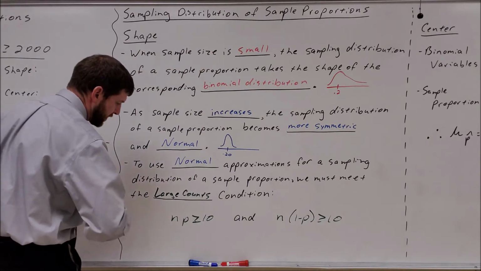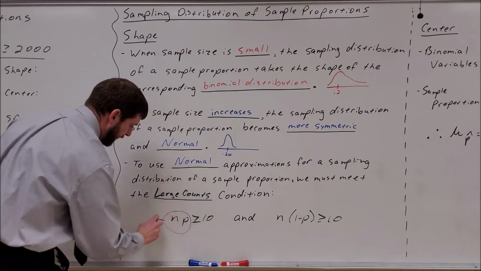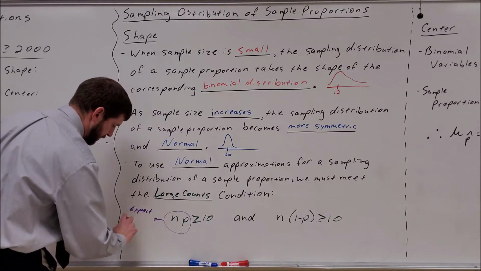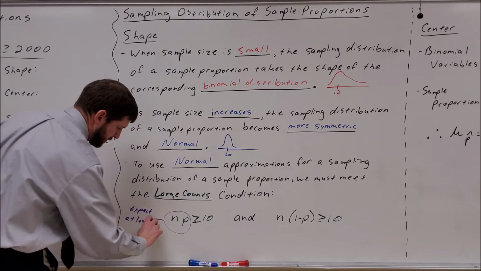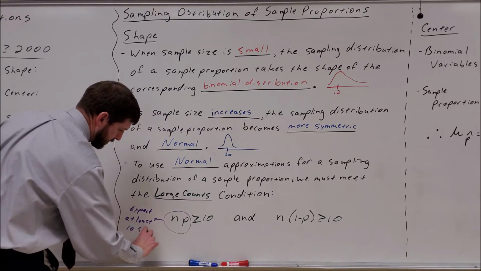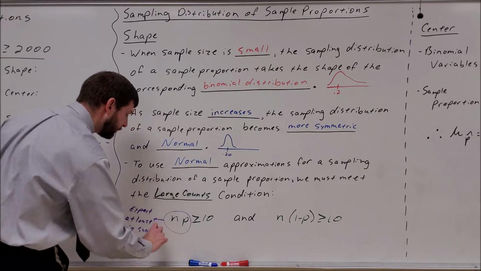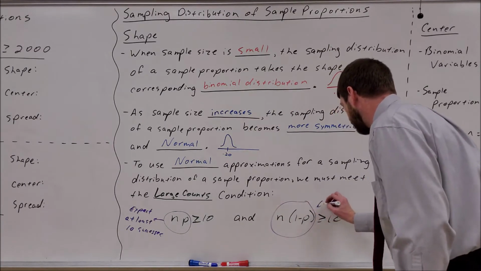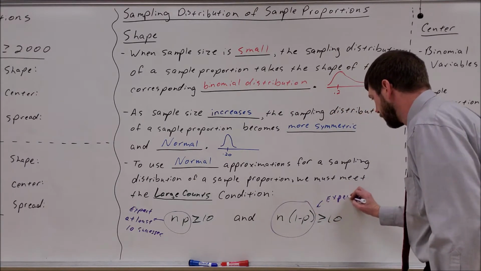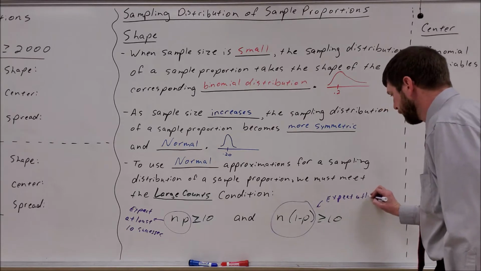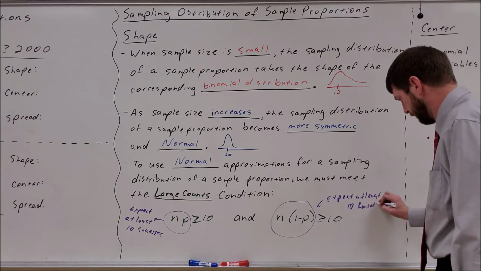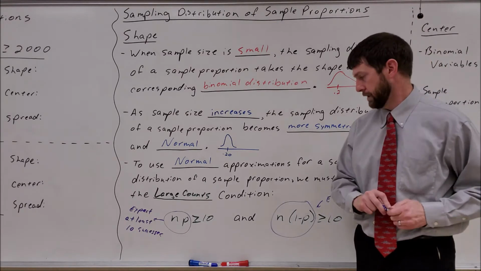Another way to think of this is we need to expect at least 10 successes, and we need to expect at least 10 failures. That's what the large counts condition tells us.